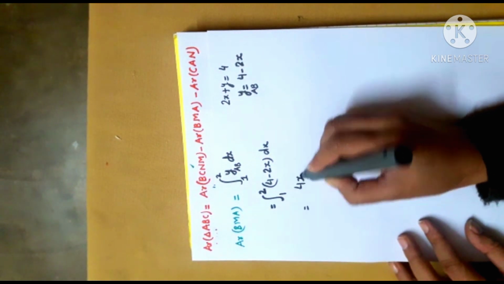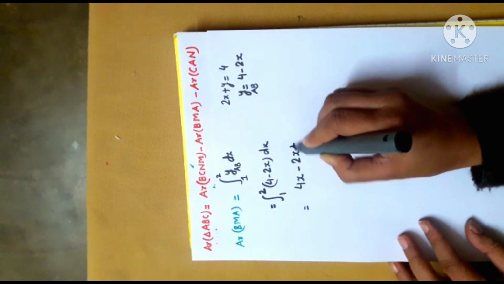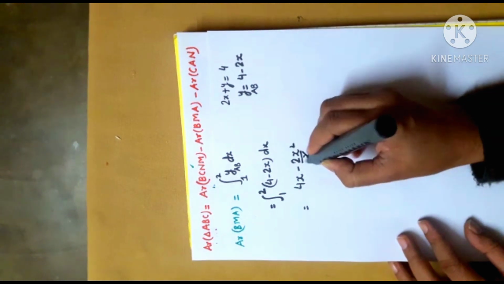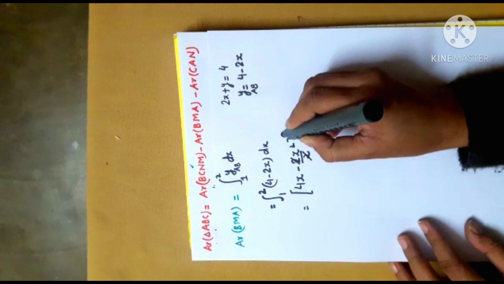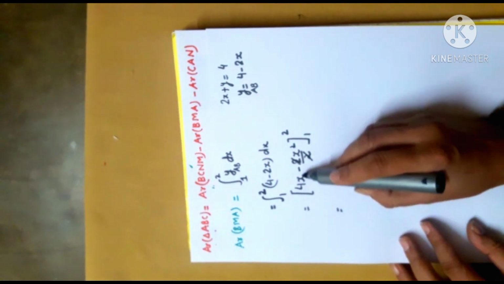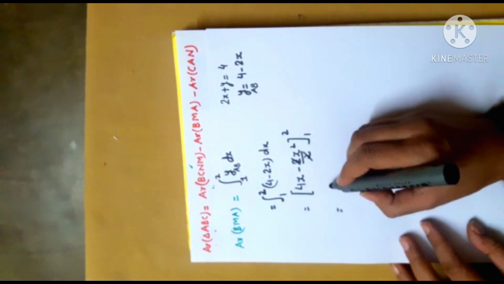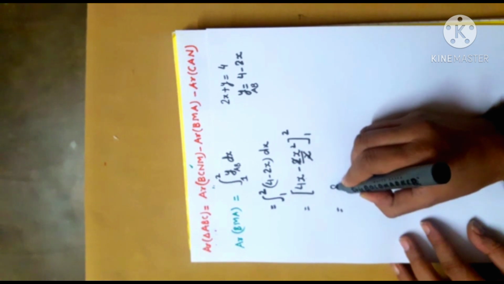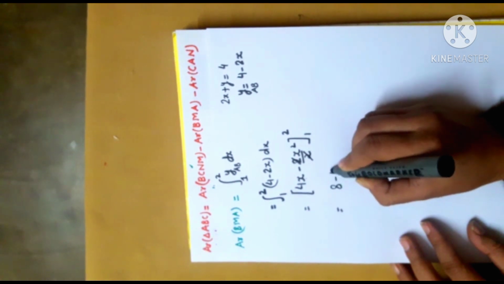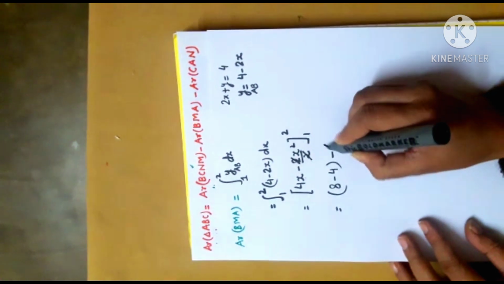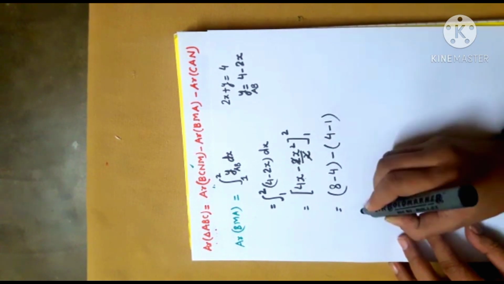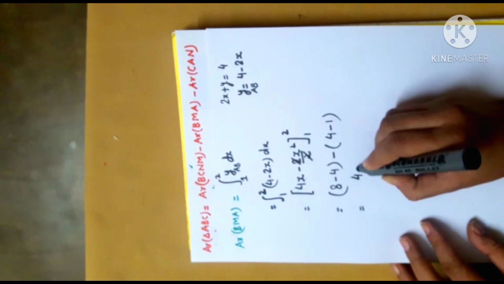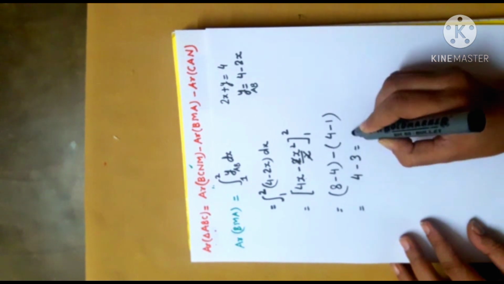Integration will be 4x minus 2x square over 2, this 2 will get cancelled out, from 1 to 2. Evaluate the value at the upper limit. Replace x with 2. Here I'll get 8 minus 4, minus the value at the lower limit, which will be 4 minus 1. So I'll get 4 minus 3, that is 1.